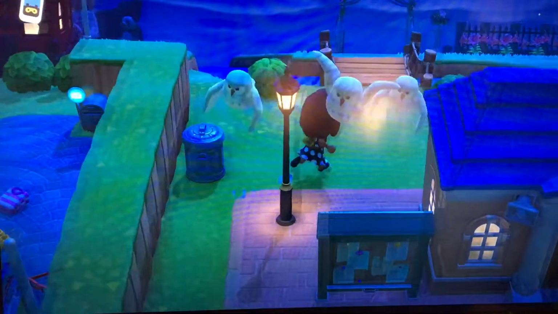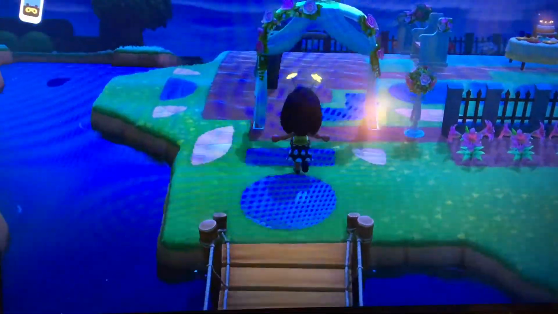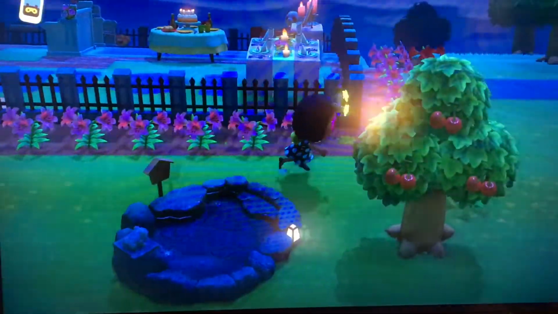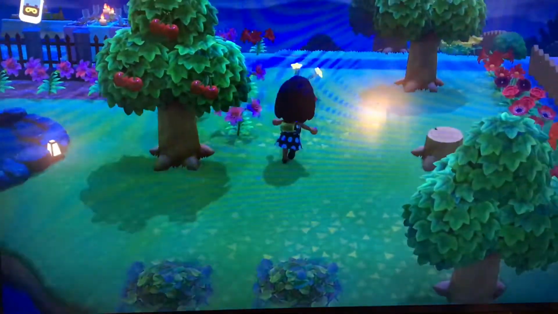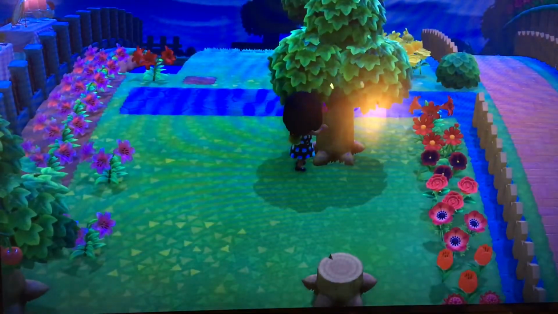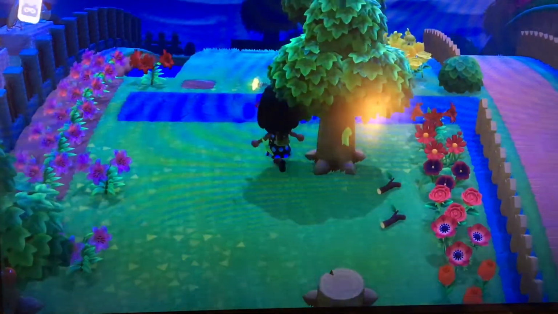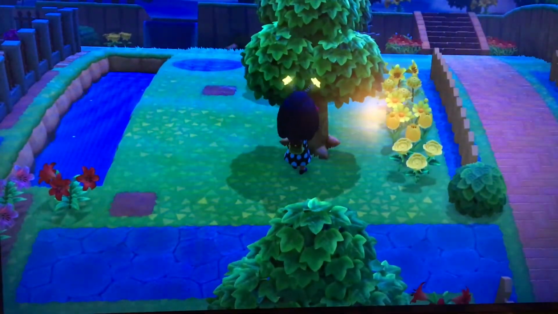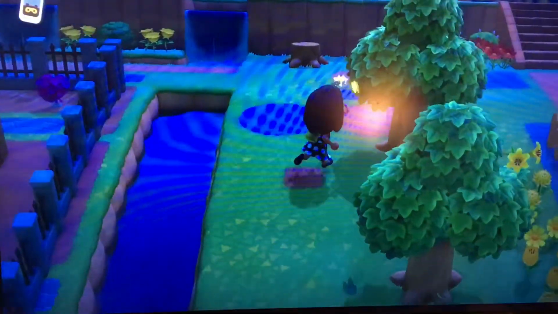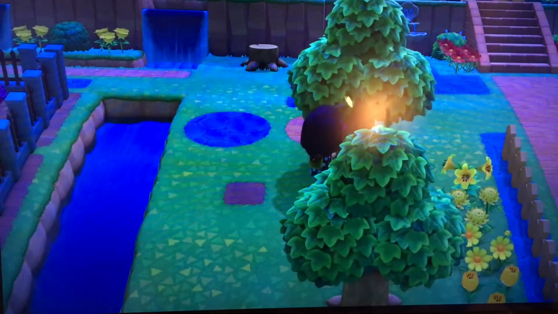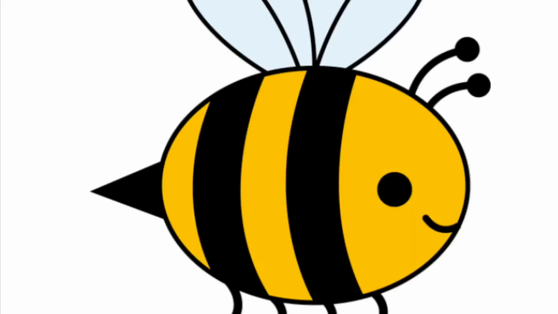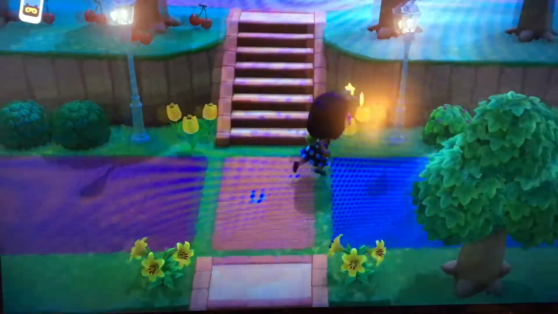Let's do another example. In this game, if you shake trees, things fall out of them, and sometimes it's tree limbs, and sometimes it's like presents. There's another tree limb, and sometimes it's bees, and the bees will bite you.